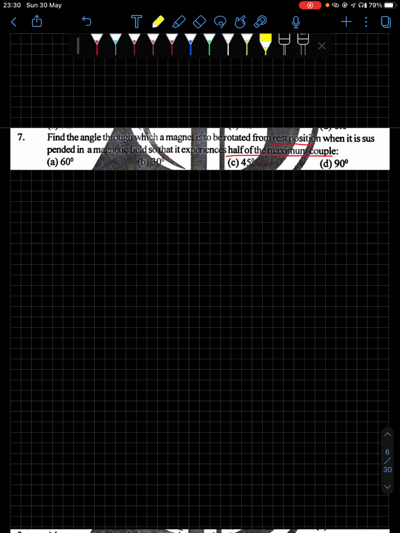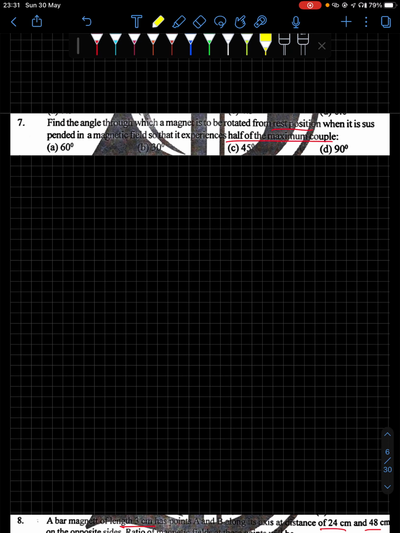This work done will be equal to half of the maximum couple. The relation for torque is mB sine theta, and it will be maximum when theta is 90, so half of the maximum couple is half of mB sine 90.